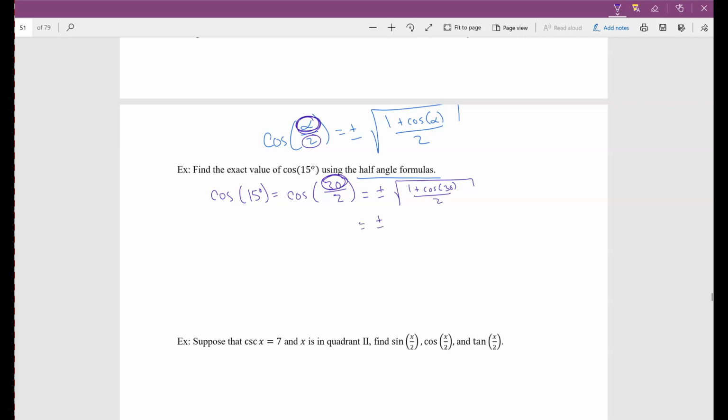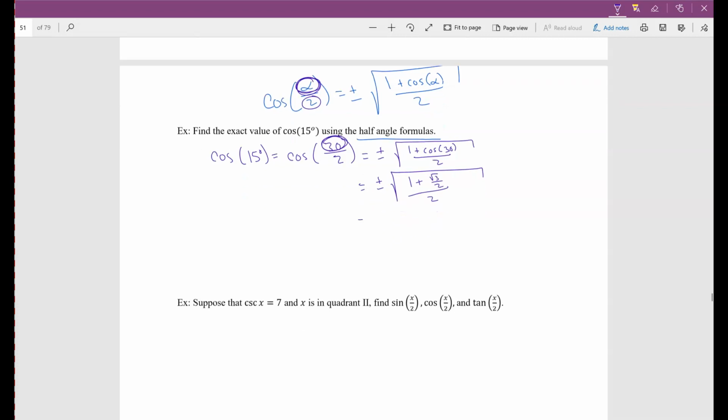So this gives me plus or minus square root of 1 plus, and the cosine of 30 degrees is square root of 3 over 2, all divided by 2. This is just 2 over 2 plus square root of 3 over 2, all over 2.